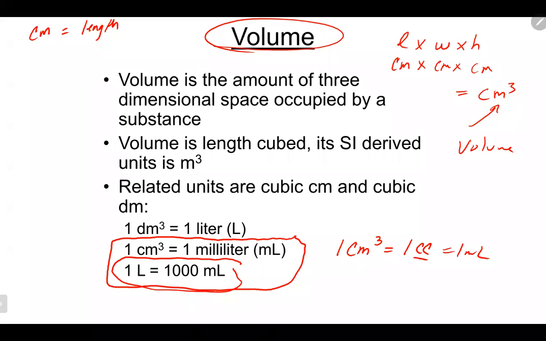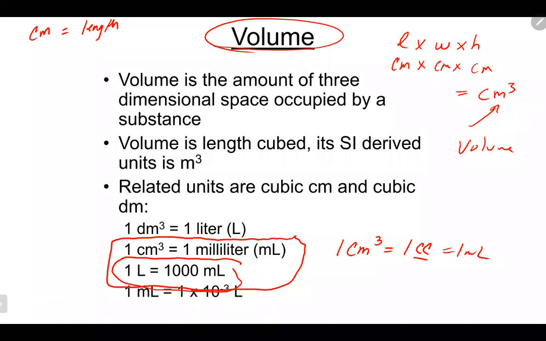A very common way to find the volume of, say, a cube is to take 3 different length measurements, multiply them together, and that would be cubic centimeters, which would be the volume of that cube. That's also why we see a decimeter cubed is equal to a liter. Again, that would be 3 different length measurements multiplied together, which becomes a volume. Any questions on that there?